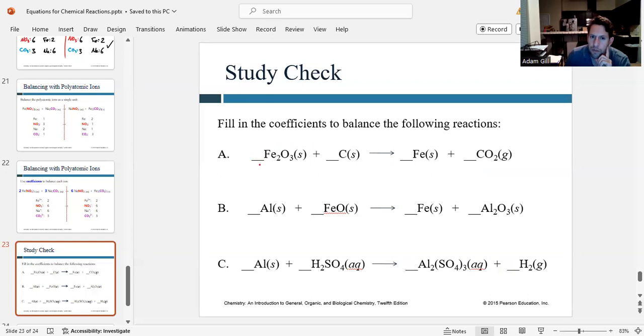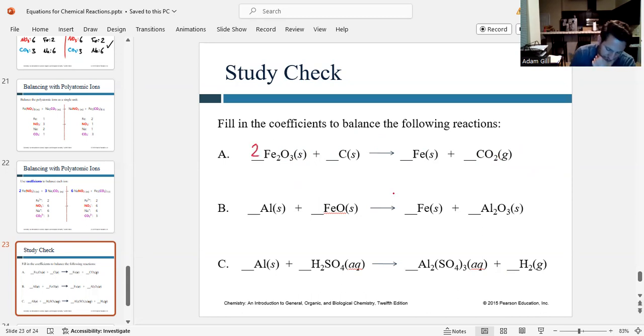So we're going to plug in numbers here to make sure we have the same number of atoms on the left side and right side. Well, the first thing I notice here, looking at the most complicated thing, is that we have O3. So that's 3 oxygens. On the right side, I have 2 oxygens. So what am I going to do? I'm going to flip-flop those numbers.